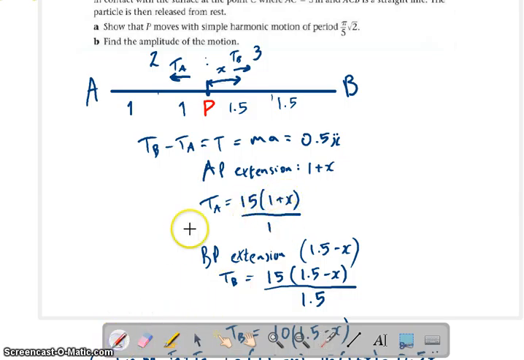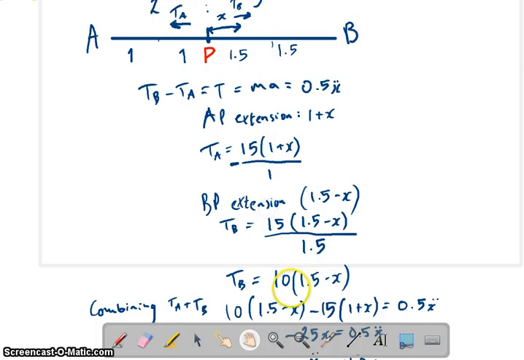Now, if we want to be pedantic, we can put a minus sign in there, so I'll put the minus sign in there for now. For BP, the extension is the original extension of 1.5 take away x, because obviously the extension is being made less if you move it to the right. And so we have 15(1.5 − x) all over 1.5. Now that clearly cancels down to give you 10(1.5 − x).